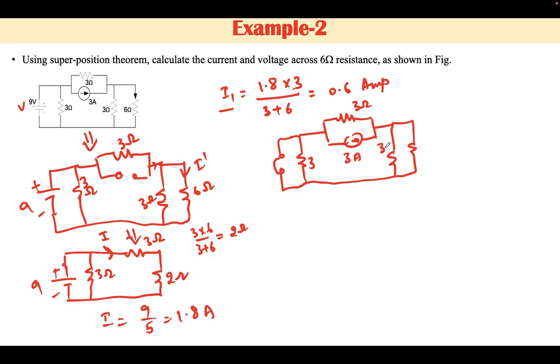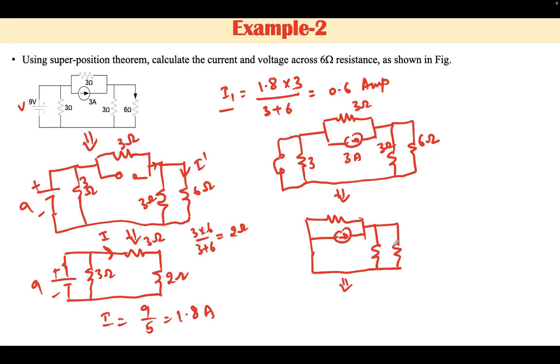This is 3 ohm, this is 6 ohm, and hence the resultant network will be reduced to this one. Now from here we can see all these branches are in parallel, because we can redraw this network as this.